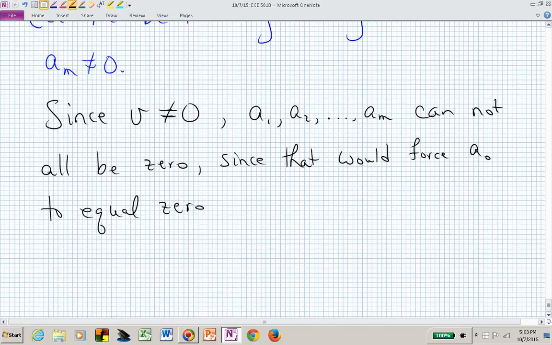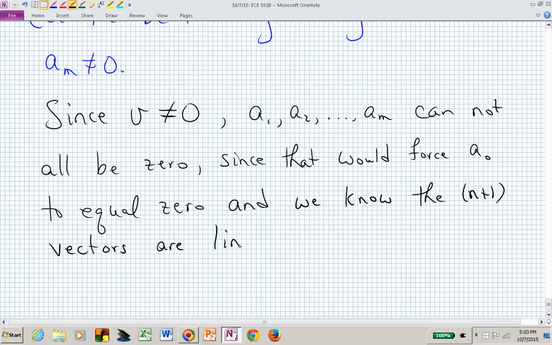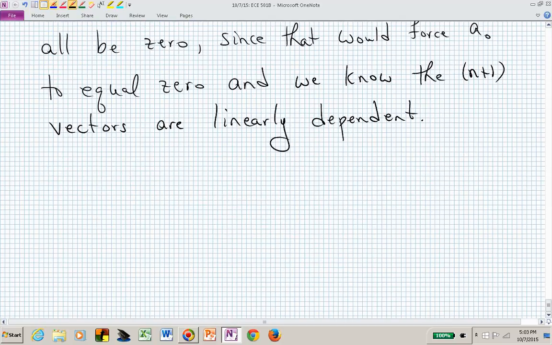Since that would force a sub 0 to equal 0, and we know the n plus 1 vectors are linearly dependent, that now says m is bigger than 0.